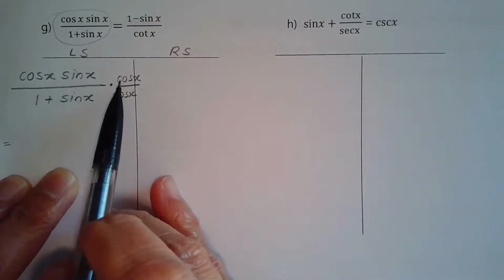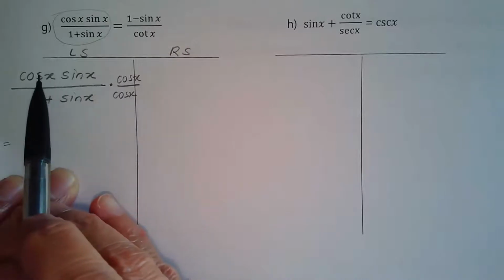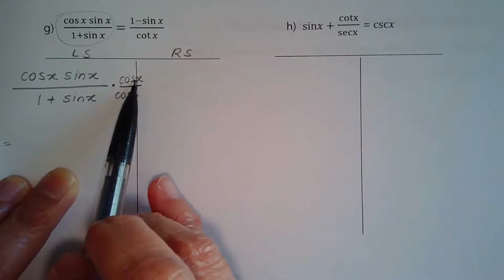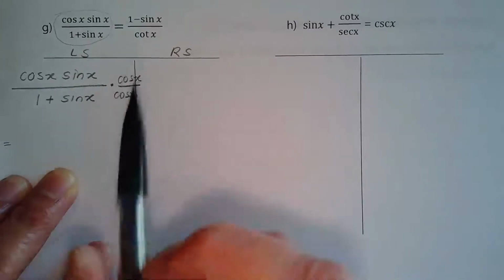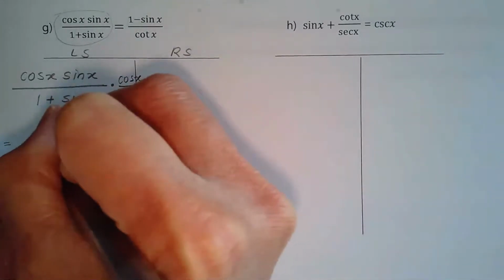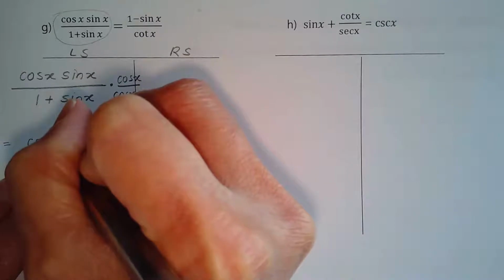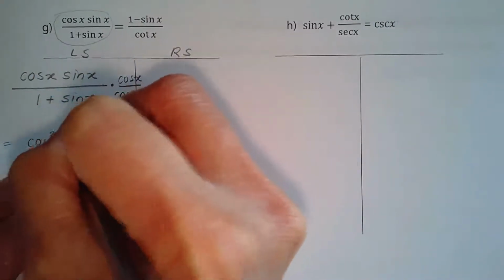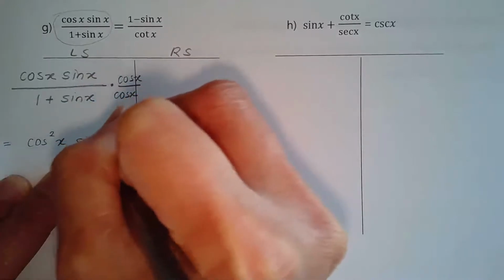Now what can I do? Cos of x times sine of x times cos of x, that's going to give us cos squared of x times sine of x.